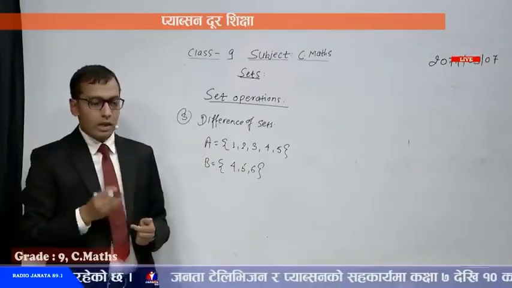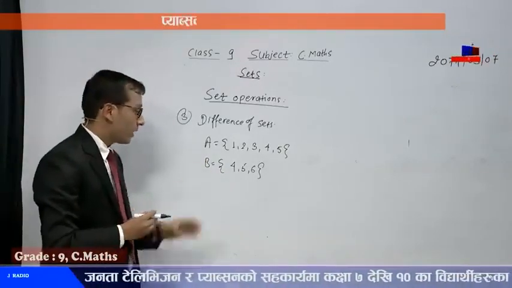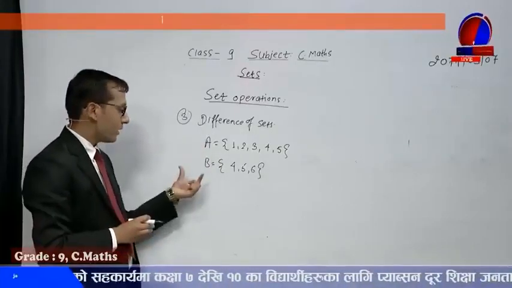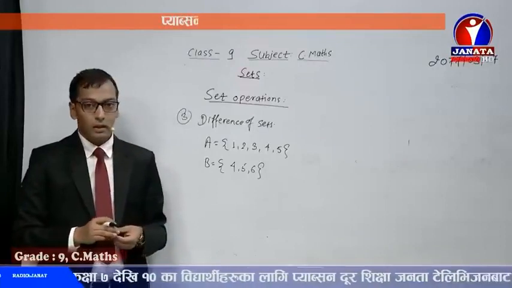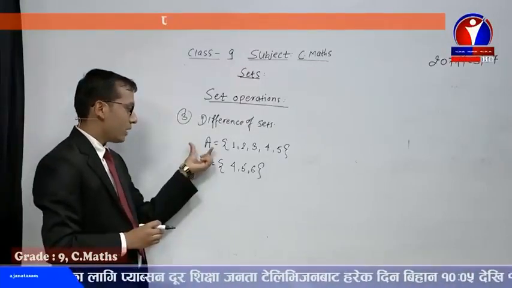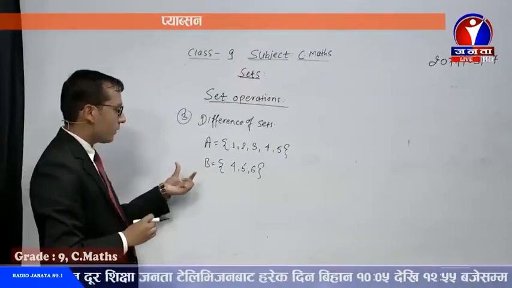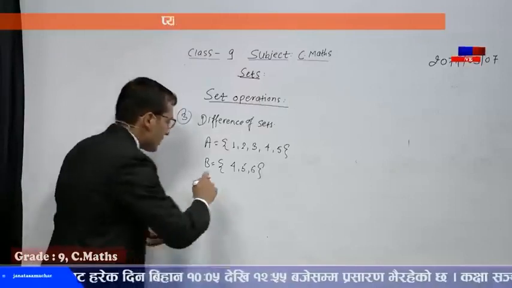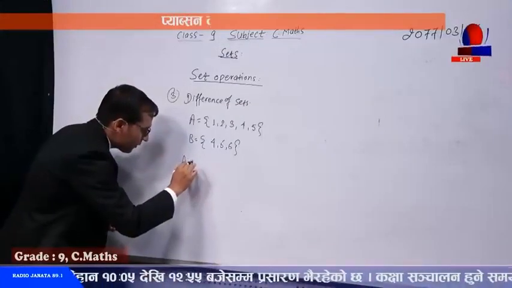But here what I want to say is, what is the difference of sets? We denote the difference of two sets A and B by A difference B, A minus B. If we talk about the difference of B and A, we denote it by B minus A. Let me write what A difference B is.